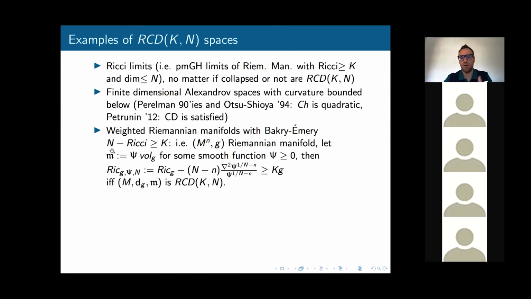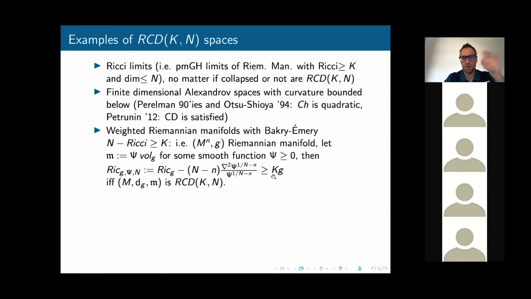Now, to go into the real math. We say that your weighted manifold has N-Ricci tensor bounded below by K if this object, which is by definition the N-Ricci tensor and depends on the metric g, on the weight psi, and on this parameter N, is bounded below. It is the Ricci tensor of your Riemannian metric, minus the difference between your parameter big N and the topological dimension of your manifold, small n, multiplied by the Hessian of your weight psi to the power 1 over (N minus n), normalized by psi^(1/n)... and you ask this quadratic form to be bigger or equal than Kg.